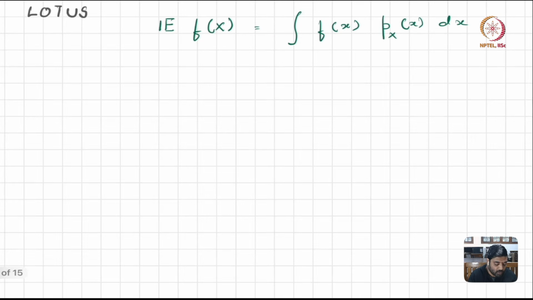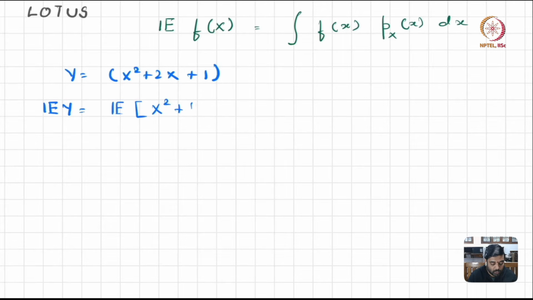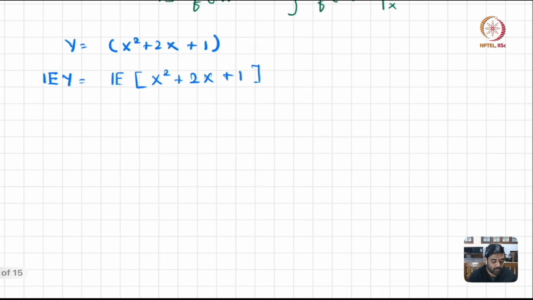So now what is y? Y equals x square plus 2x plus 1. Now the expectation of y equals the expectation of x square plus 2x plus 1. You remember the linearity of expectations? That's the catch.